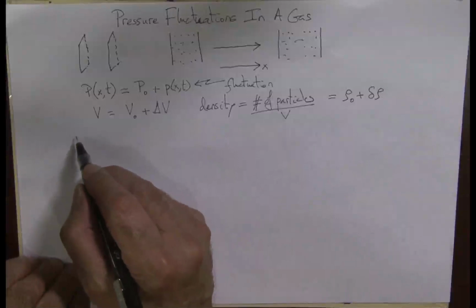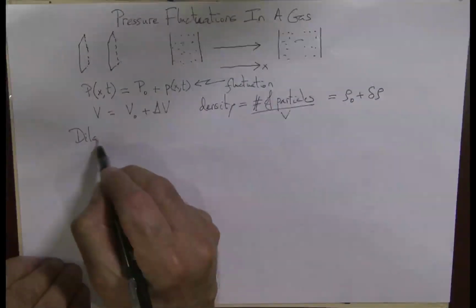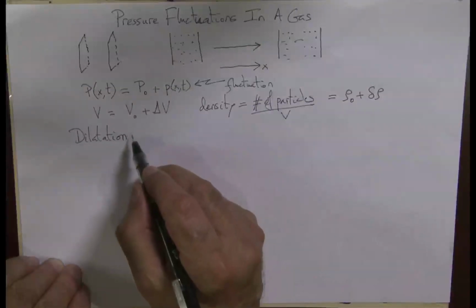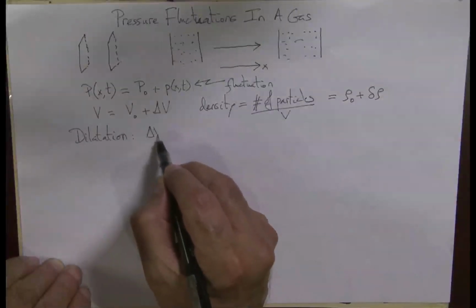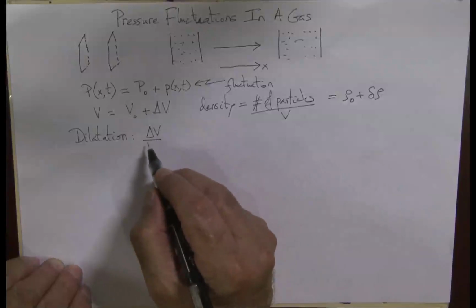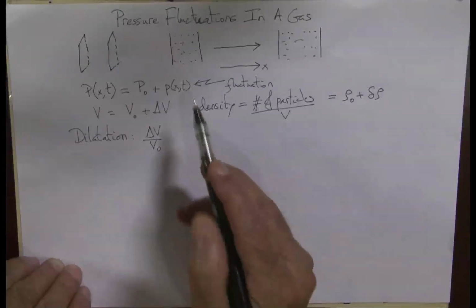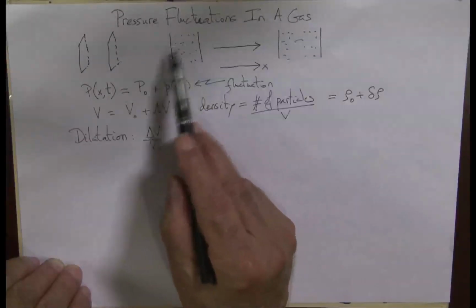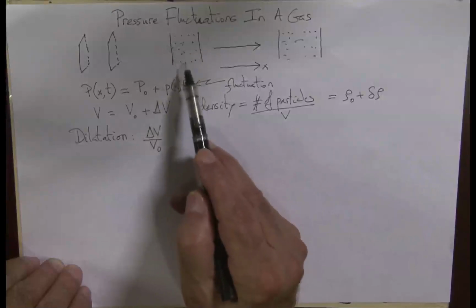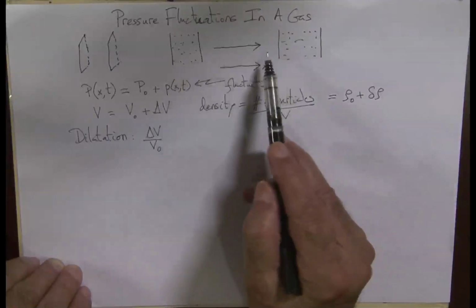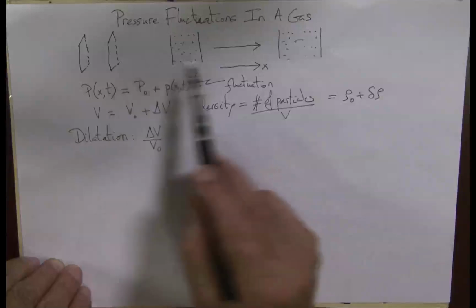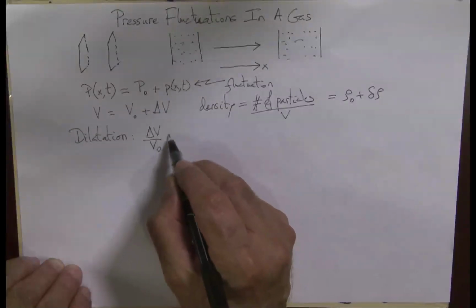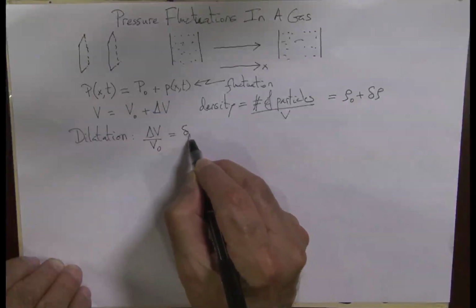We define something called the dilatation as follows. Dilatation is defined as delta V divided by V naught. So if V naught is the volume occupied by these particles, then it changes slightly when the pressure wave comes, and this ratio delta V over V naught is what we will call delta.